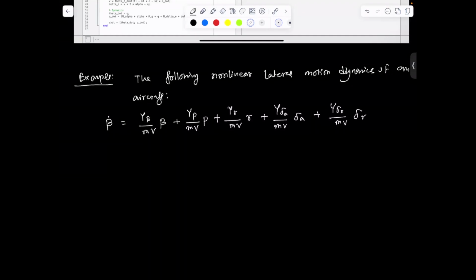So here delta a and delta r are the control, basically the aileron and rudder control inputs, which we will design through this feedback linearization based control.